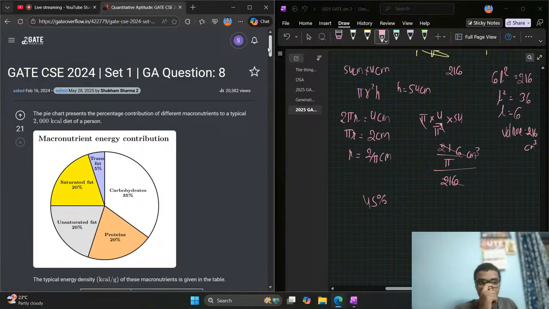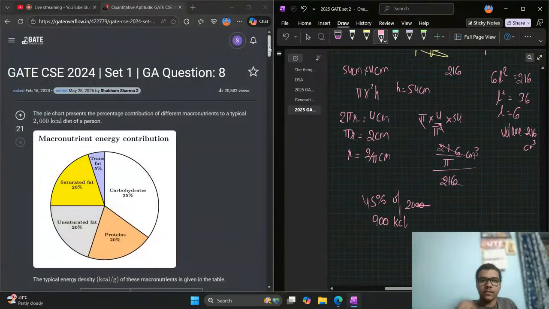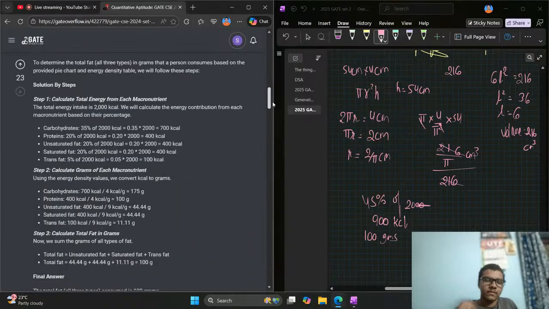Okay, got it. 2000 kilocalories. You need to find 45% of 2000 kilocalories. So 45 by 100 into 2000. Just cancel it out. 45 into 20. That is 900 kilocalories from fat. Okay, thank God all of these are 9. So 100 grams of fat. C should be the answer.